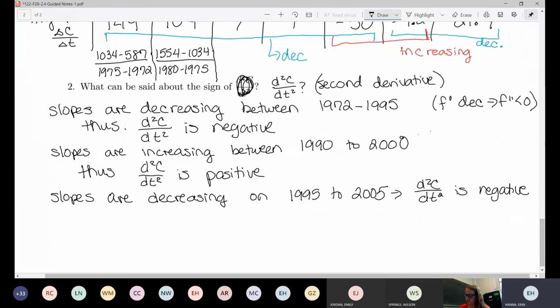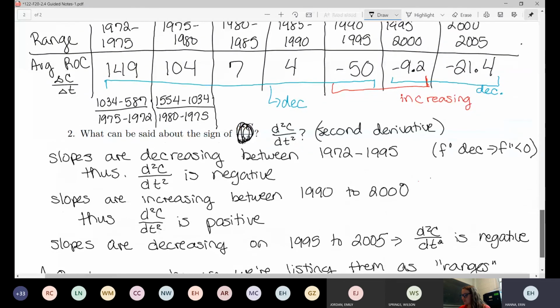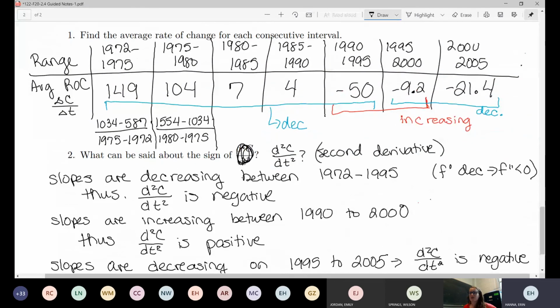I'm going to make a note for anyone looking back at this later. The overlaps are because we're listing them as ranges. So that's the only reason that we have this kind of overlap going on here.